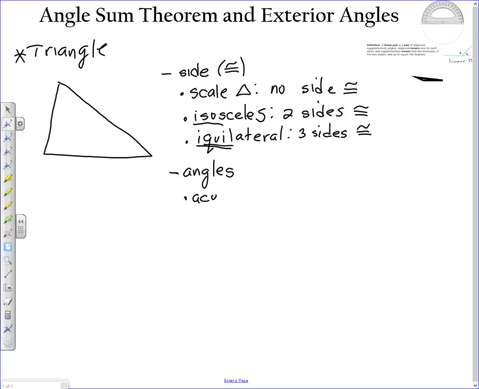So what is an acute triangle? An acute triangle has at least one acute angle.